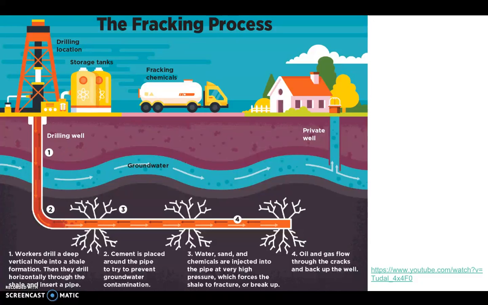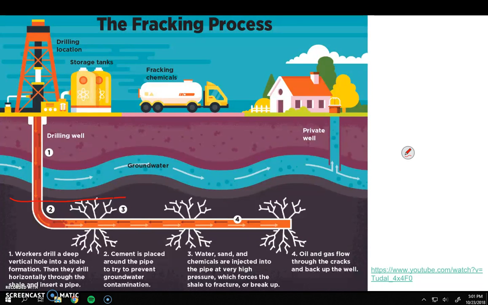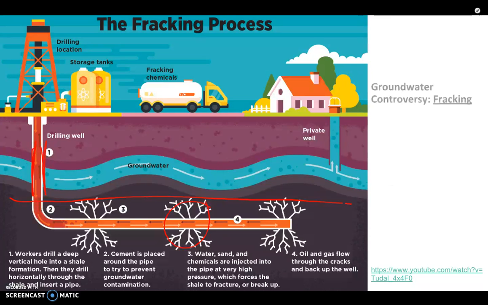The idea is that this is happening underneath the groundwater, and so the groundwater is really safe because there's impermeable rock between the fracking and the fracking chemicals and the groundwater. The pipe does pass through there, but the idea is that the pipe is solid cement, and so the water is safe. There's a lot of controversy about whether or not those claims are true.